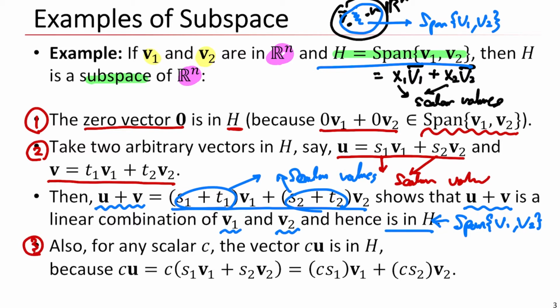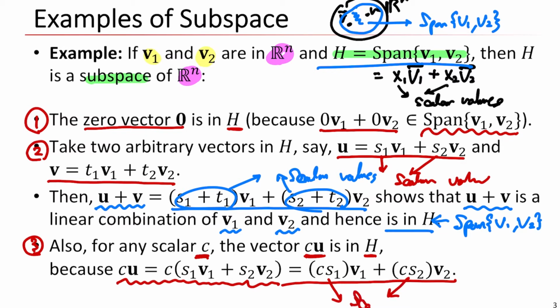For the last one, for any scalar c, the vector c times u is in H. Why? c times u is equal to c times (s1 v1 plus s2 v2). Then we can represent it as c s1 v1 plus c s2 v2, because c s1 and c s2 are scalar values, or real values.